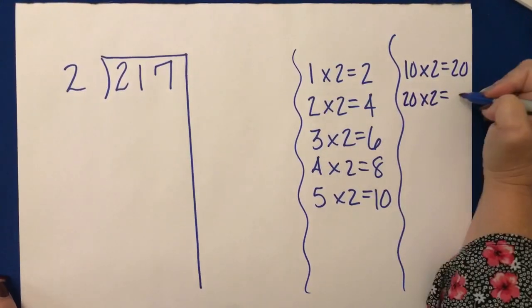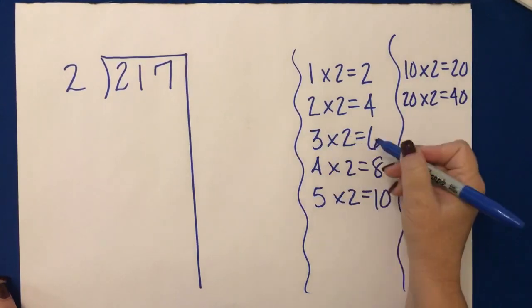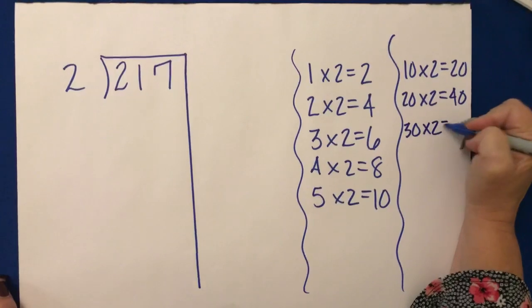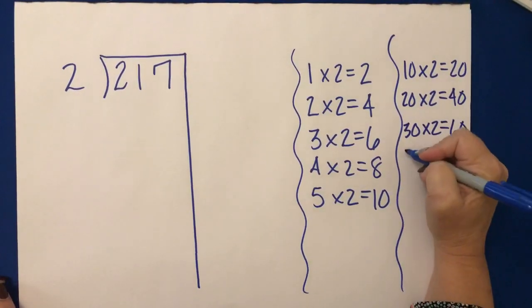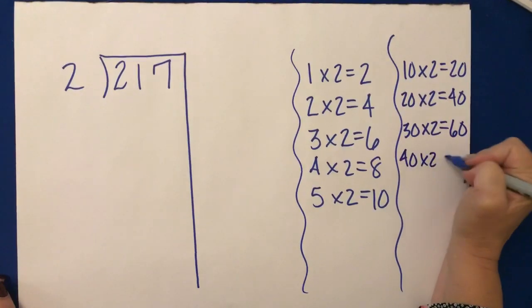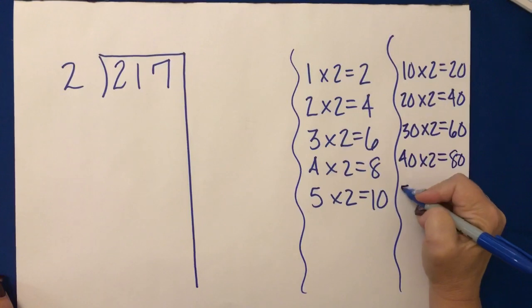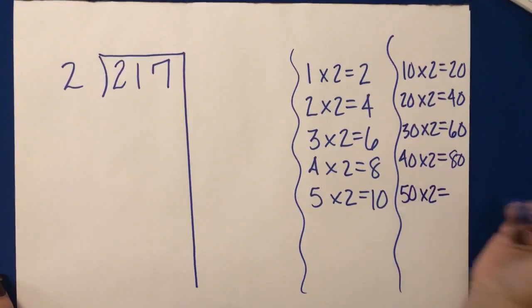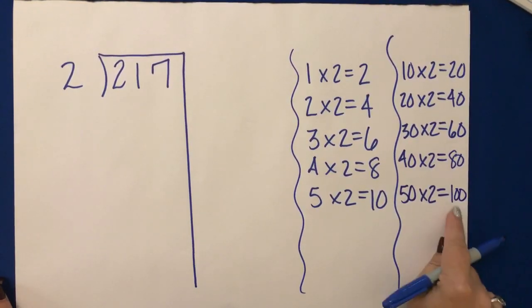If 3 groups of 2 are 6, 30 groups is going to be this answer with a 0 at the end. So 40 groups of 2 is going to be 8 with a 0 on the end. And then 50 groups of 2. Okay, so that takes us all the way to 100.